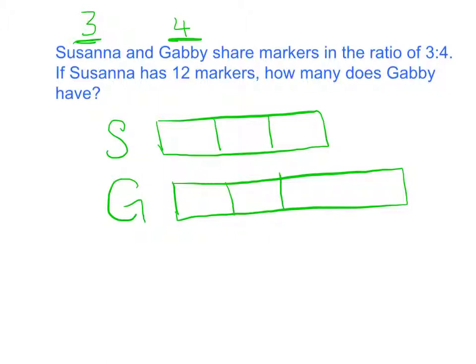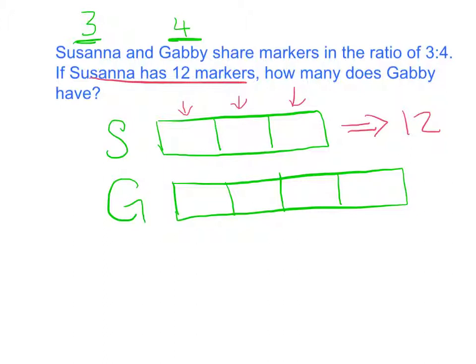So I try to line up my boxes so that they're the same size, and now I can see it's 3 to 4. In this situation, I'm going to say to you that Susanna has 12 markers. Well, where is Susanna? These 3 boxes here represent her 12 markers. So what I want to do now is figure out how much is in each one of these boxes.